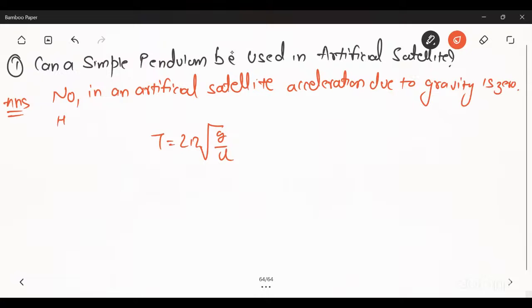Hence we cannot use a simple pendulum in an artificial satellite.